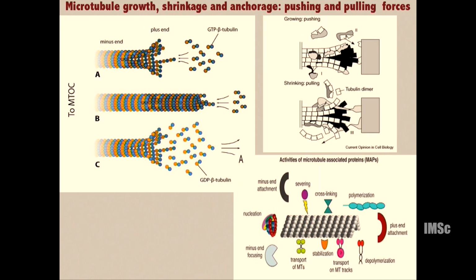And again, like actin, microtubule polymerization against a membrane can generate force. Depolymerization against a membrane can also generate forces. In one case, you're pushing forces. In the other case, pulling force.